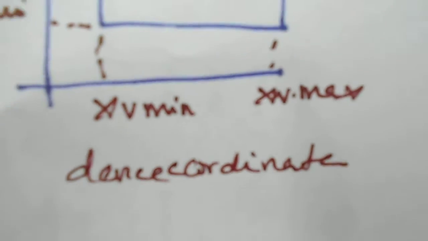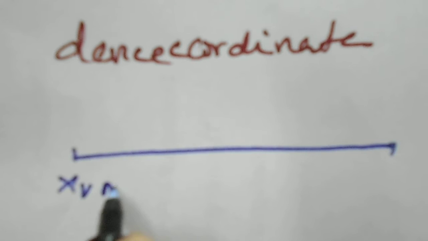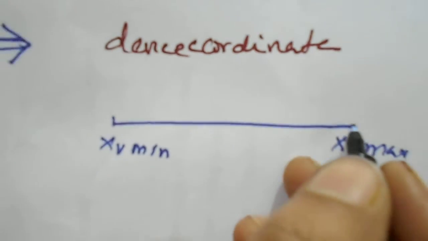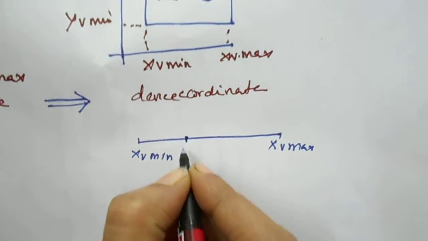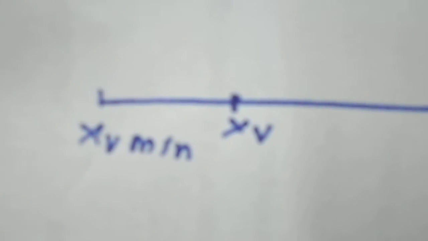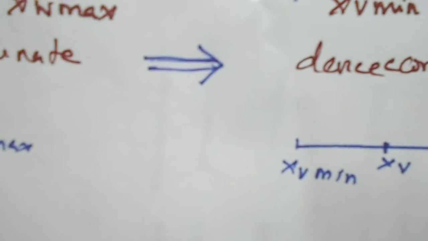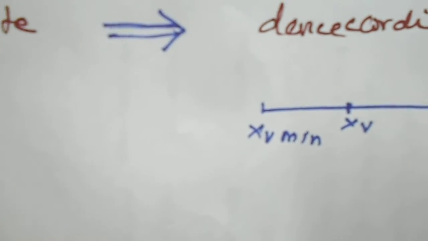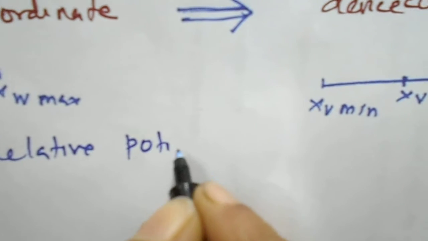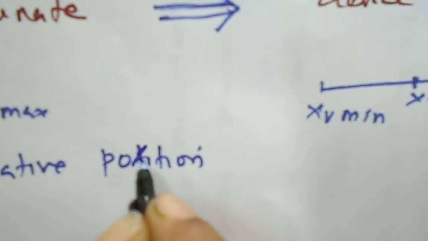Here also we know the boundary xv minimum, xv maximum. Here also for this length 30% we will get a point in the viewport. From this we conclude that the relative position is the same.